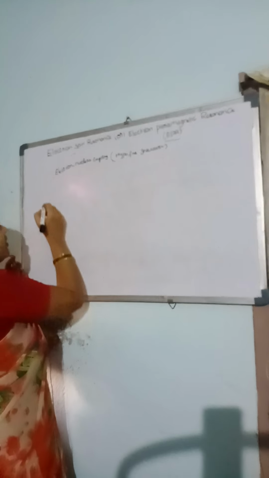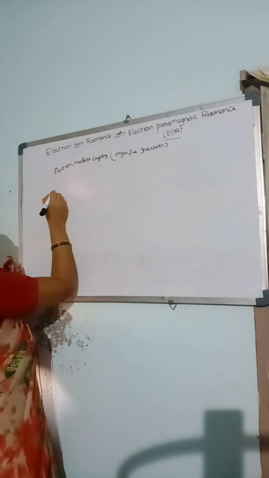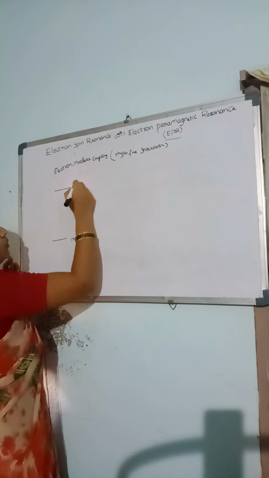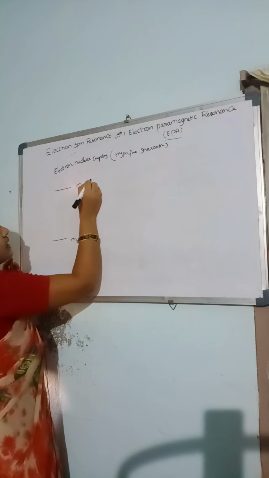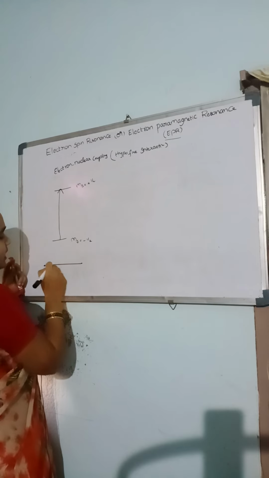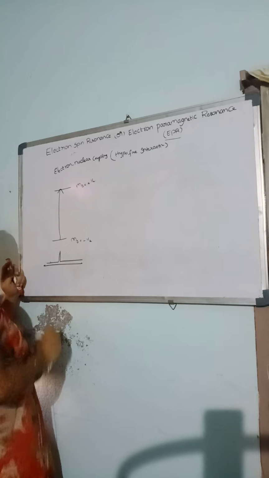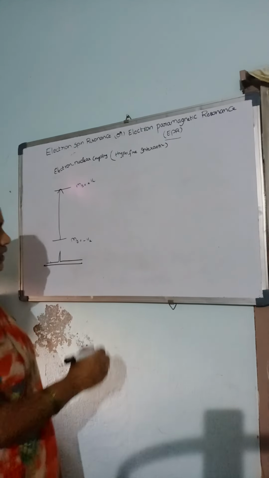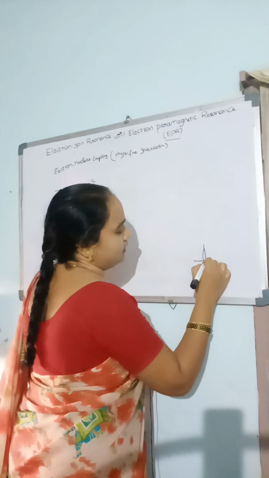Originally, from Ms equal to minus half to Ms equal to plus half state, there is only one transition. So practically we should observe only a single spike, but practically we are getting two spikes like this.